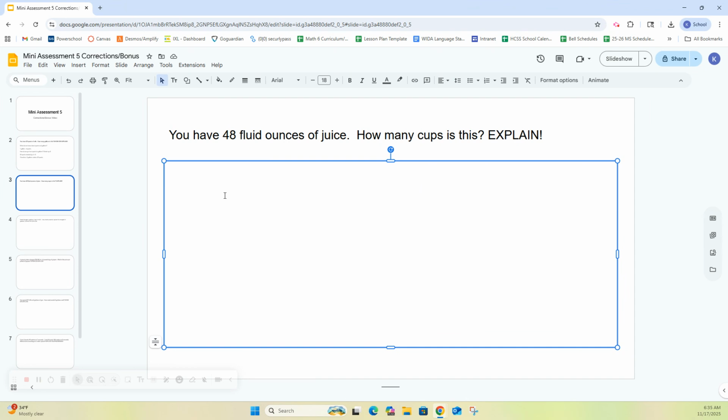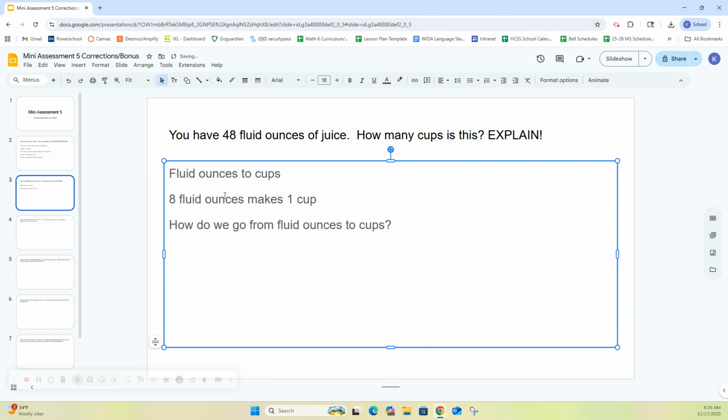You have 48 fluid ounces of juice. How many cups is this? All right, so we are going from fluid ounces to cups. We need to think about, what do we know about fluid ounces and cups? We know that 8 fluid ounces makes 1 cup. So how do we go from fluid ounces to cups?